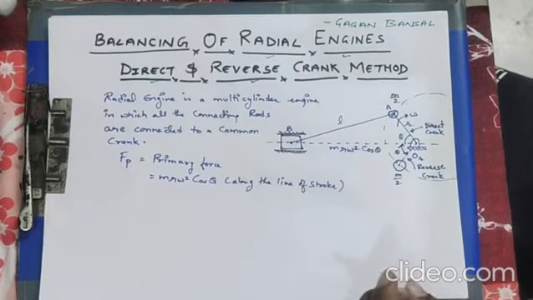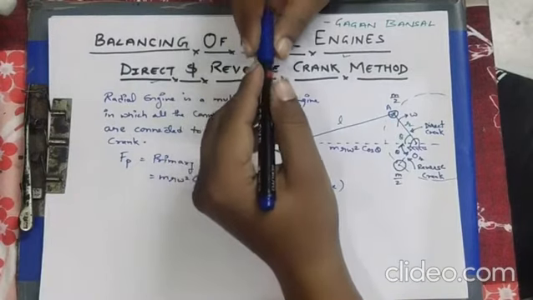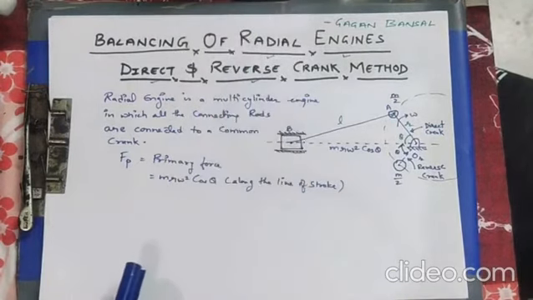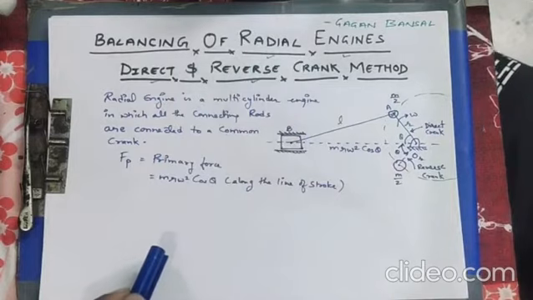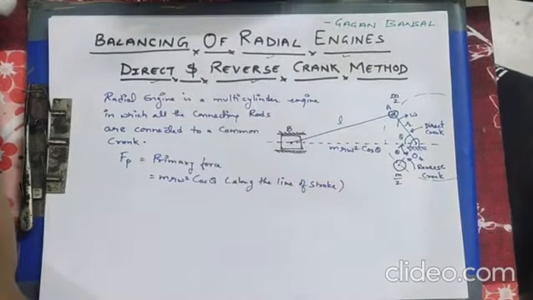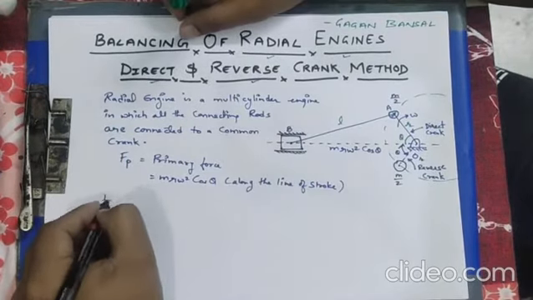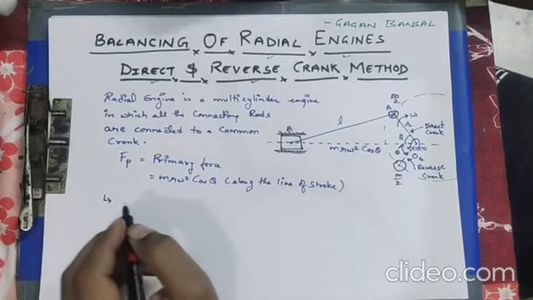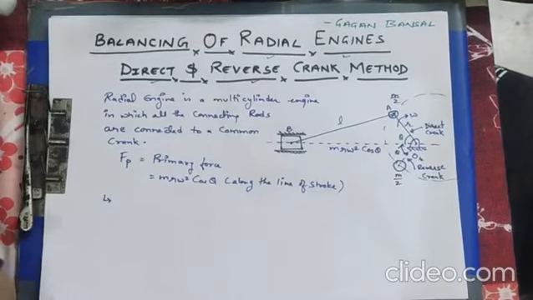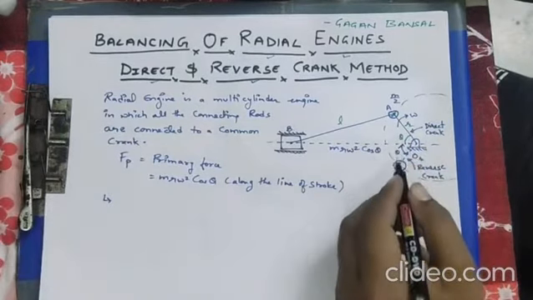So what is the main logic behind this? In the direct and reverse crank method, a force identical to the force is generated by two masses in the following way. A mass m by 2 is placed at the crank pin A and rotating at an angular velocity omega in given direction, as you can see in this particular figure.